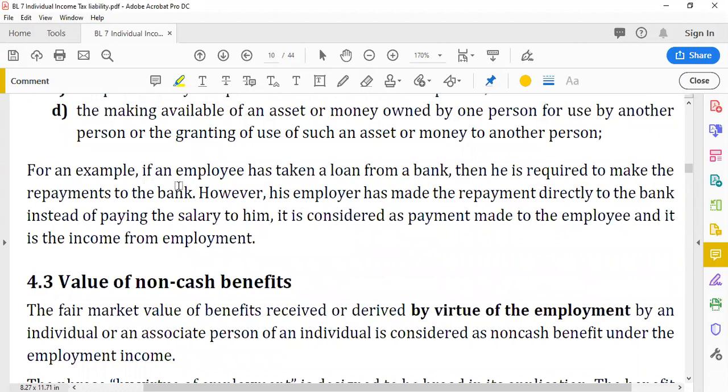For example, if an employee has taken a loan from a bank, then he is required to make the payment to the bank. However, his employer has made the repayment directly to the bank instead of paying the salary to him. It is considered a payment made to the employee, and it is income from employment, right?